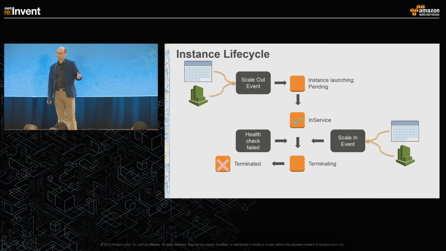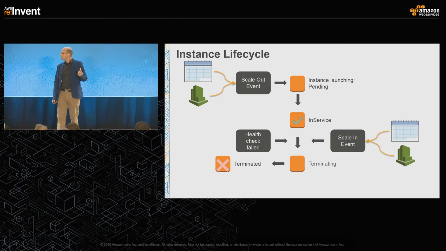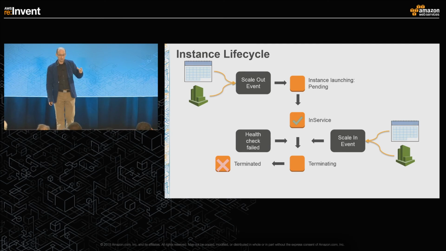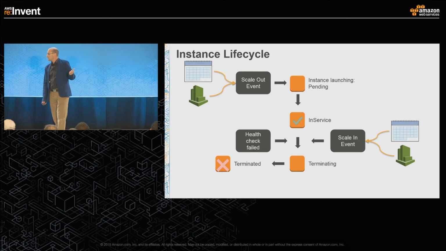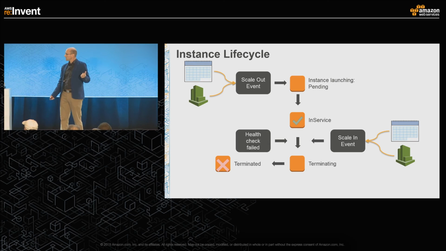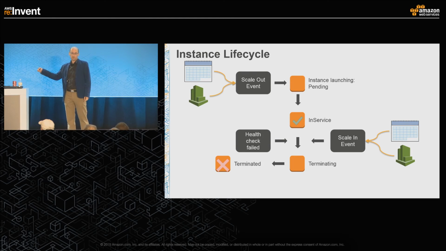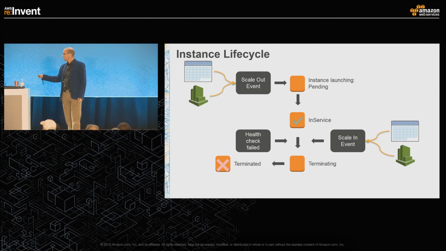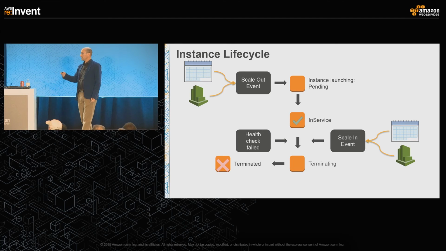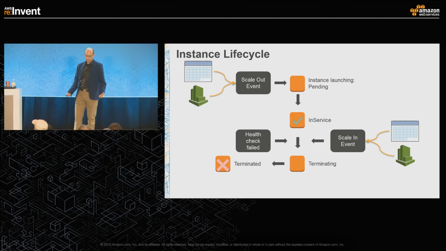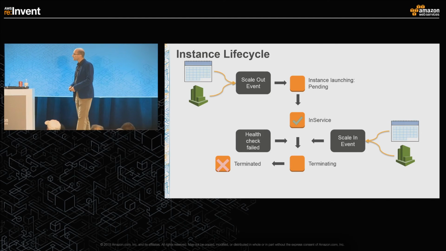So it doesn't collect metrics, it doesn't register it to the ELB until that instance is actually up and running, until it's in service. And if the health check works, it stays in service, registered with the ELB, for example, until it fails a health check or until a scale-in event occurs, and then the instance moves into the terminating state and the terminated state. Okay, fairly straightforward state machine.